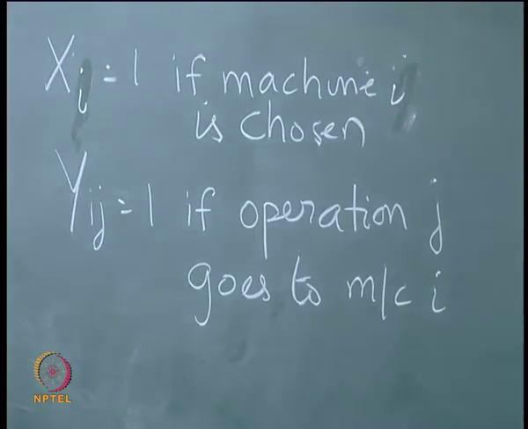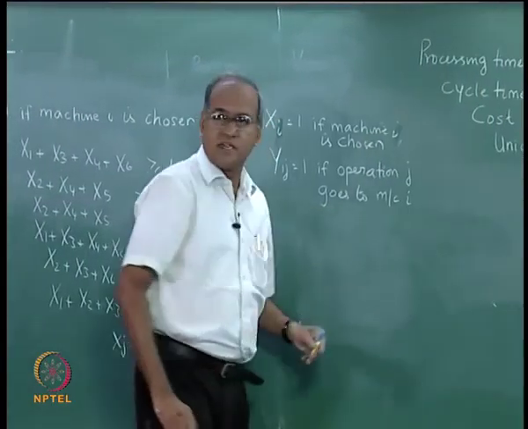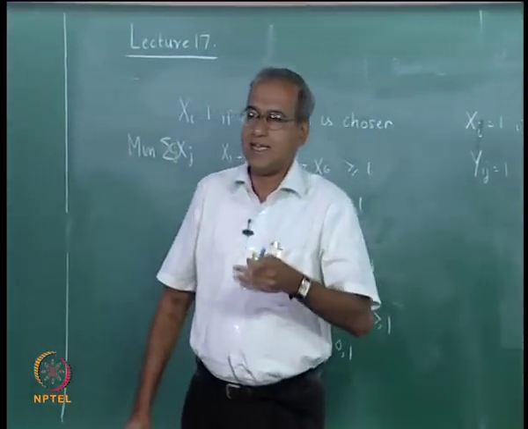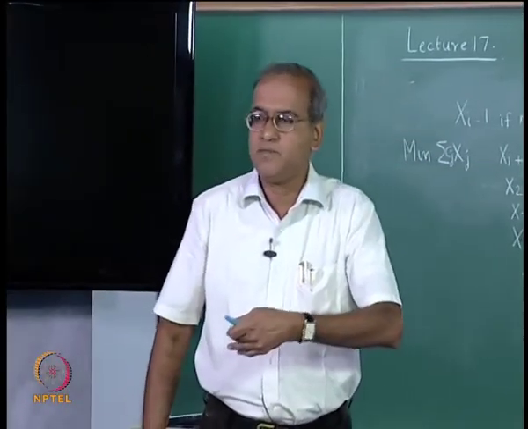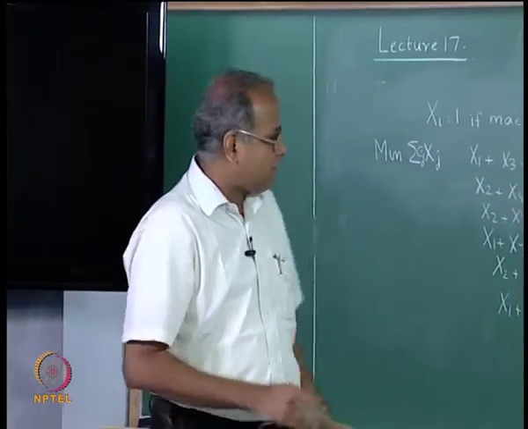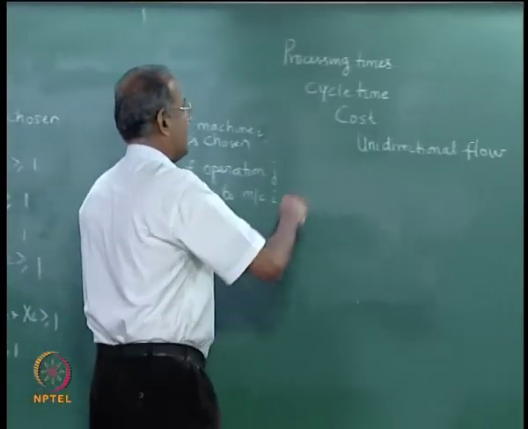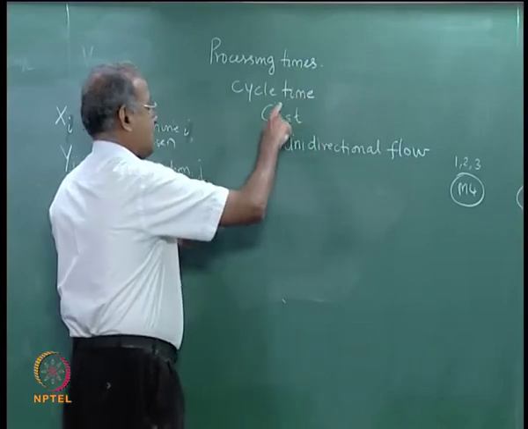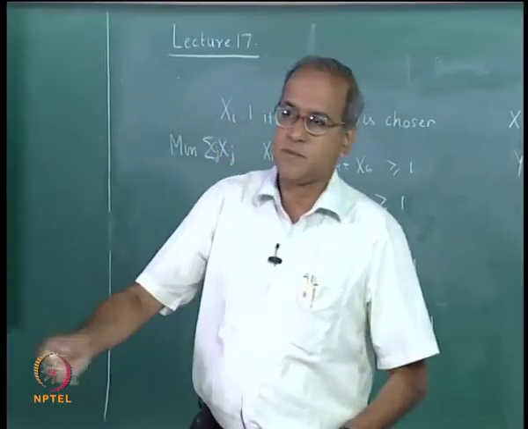So, we have more variables that come in, and if we have a cycle time restriction, then we have to try and restrict the cycle time on each of these chosen machines and so on. So, we will look at this formulation and subsequent formulations involving processing time, cycle time, cost and unidirectional flow in the subsequent lectures.